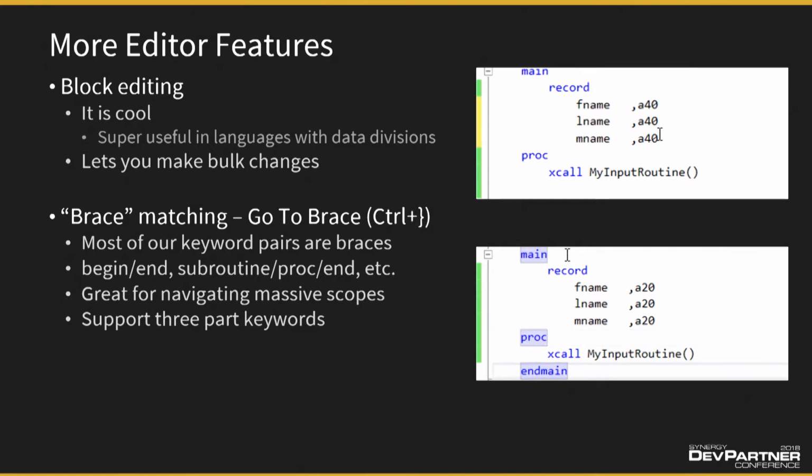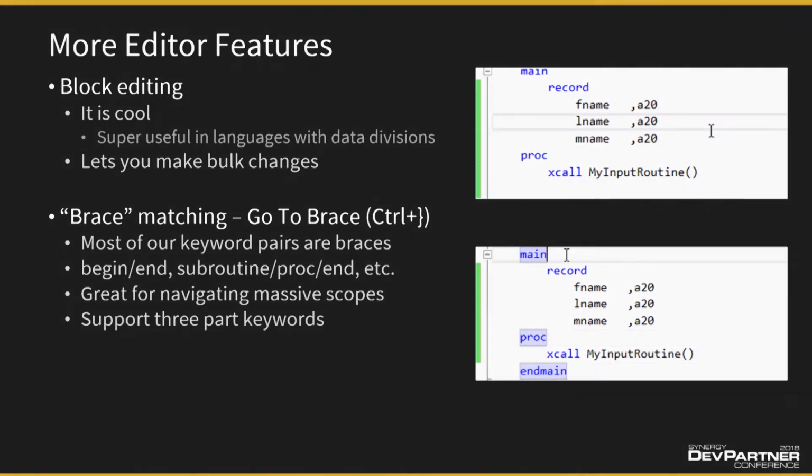This means you can quickly and easily swap between begin-end statements or class-end class or subroutine-proc-end subroutine. And I think it's seriously cool, especially the way that it'll go through the 3 different items. And thank you, Richard, for submitting this idea through me onto the ideas site. I'm glad that we have it.